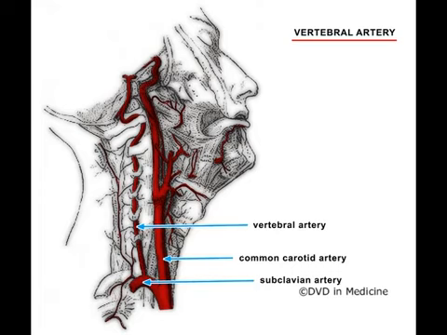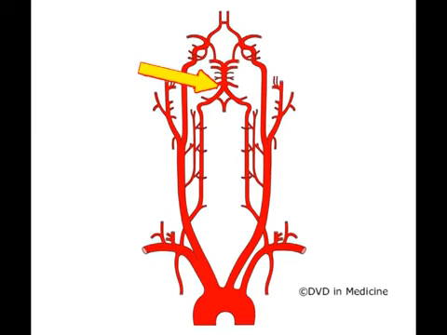It passes posteriorly and upwards to the vertebral foramen in the transverse process of the 6th cervical vertebra, and from there it passes upwards in the vertebral canal to the level of the axis. It emerges from the vertebral canal at the level of the axis, passing behind the lateral mass of the atlas to enter the skull through the foramen magnum, and runs anterior to the brainstem to join with the vessel from the other side in front of the brainstem to form the basilar artery.